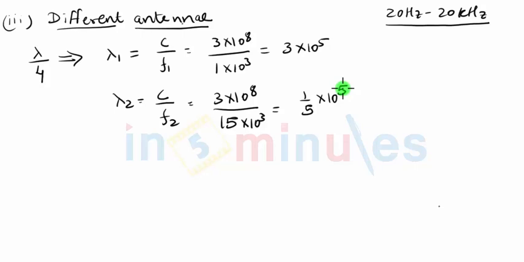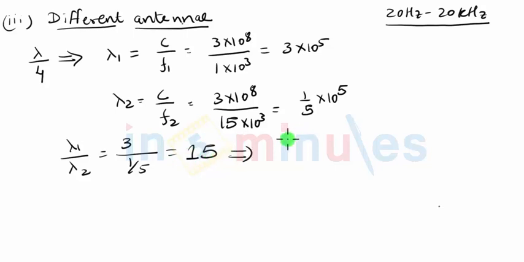Now if you take the ratio of lambda 1 by lambda 2, this ratio is 3 upon 1 over 5, and 10 raised to 5 will cancel out, which will be equal to 15. This means that if the length of an antenna to transmit frequency F2 is L2, and the length of the antenna to transmit frequency F1 is L1, what will be the ratio of their lengths?